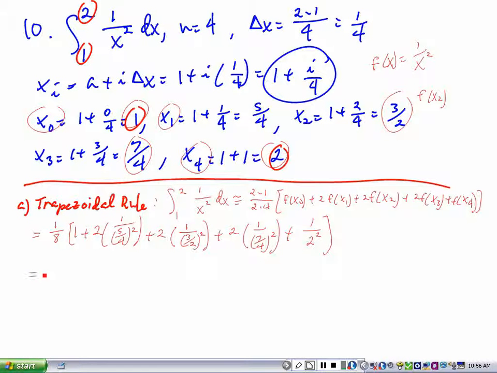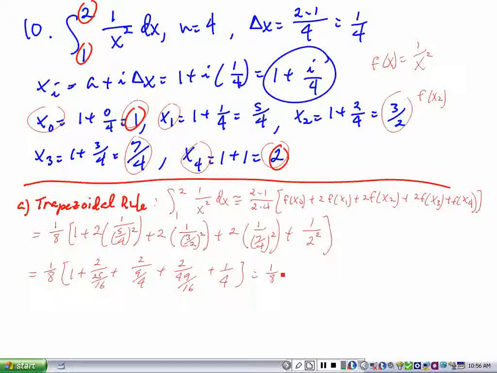Now we simplify all of this again. This is 1 over 8 times the expression 1 plus 2 over 25 over 16 plus 2 over 9 over 4 plus 2 over 49 over 16 plus 1/4. And on your calculator, you can simplify that.